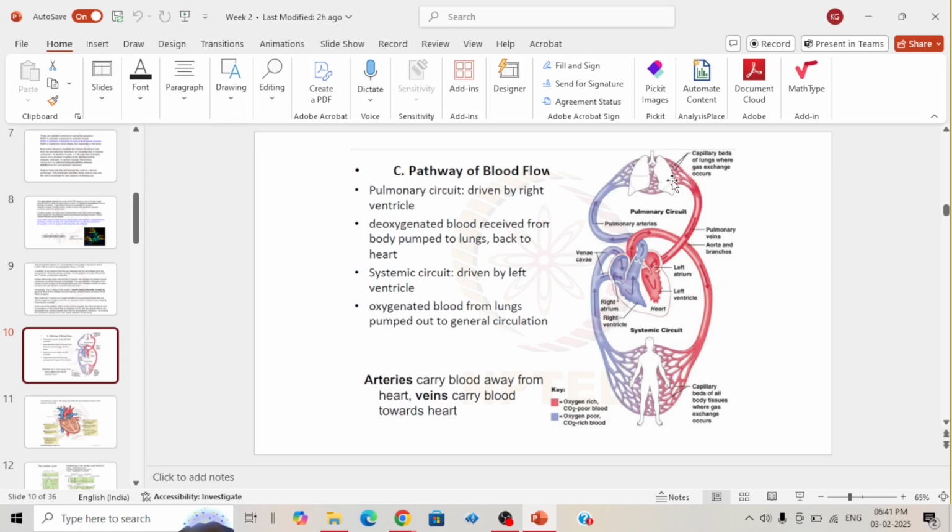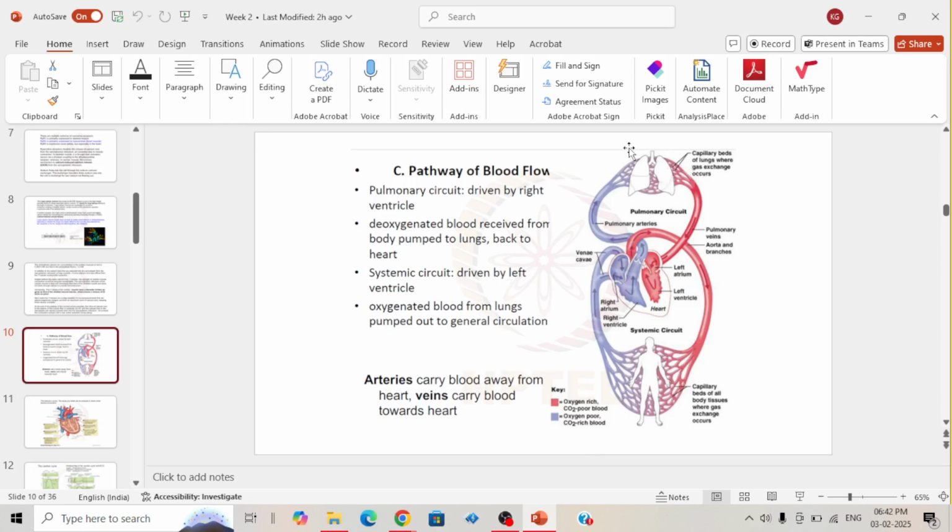And bringing the oxygenated blood from the lungs to the heart and through the heart to different organs of the body, this circuit is called the systemic circuit. Okay, so these are the two circuits that are formed by the heart in the body: the pulmonary circuit and the systemic circuit.